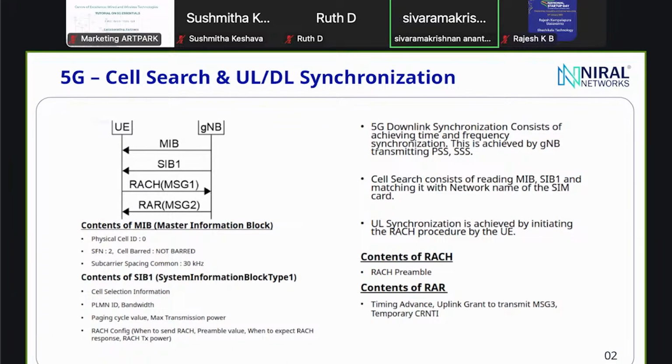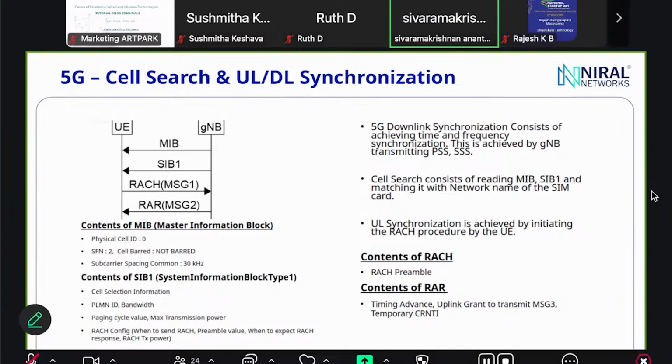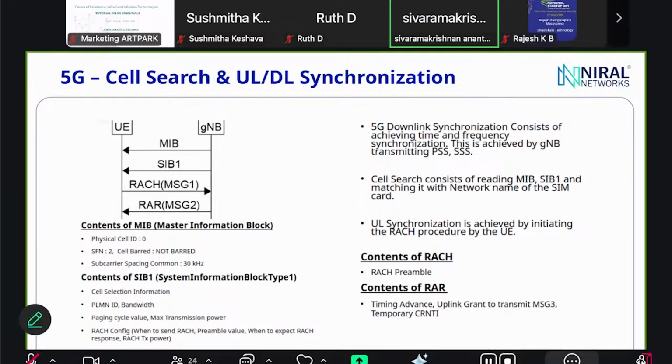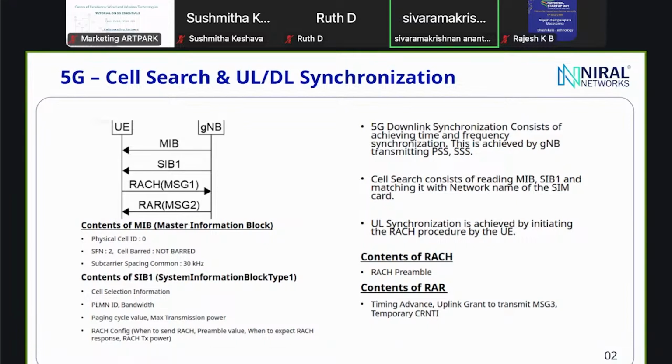As part of the downlink synchronization, the RAN or gNodeB keeps transmitting certain information such as MIB and SIB 1, 2, 3, 4, etc. If we see the crux of this information, it outlines the frequency, bandwidth, and PLMN ID of the network. They are all getting broadcast continuously.